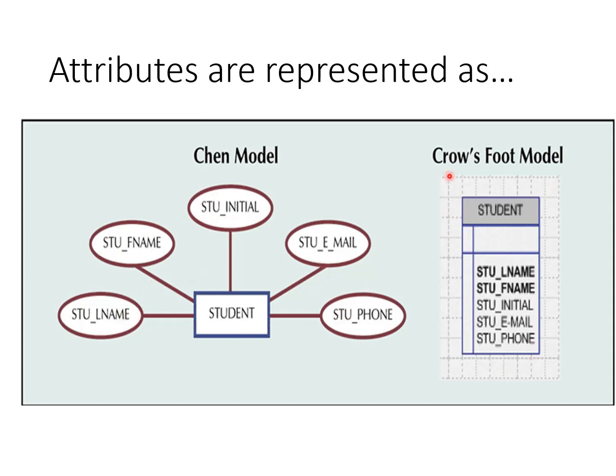In the crow's foot model, you draw the whole table as a student table, and all the items are given over here. Say if you have student ID, you could even mark it as PK here, but you should understand that if there is a primary key, it will be shown in this particular section.